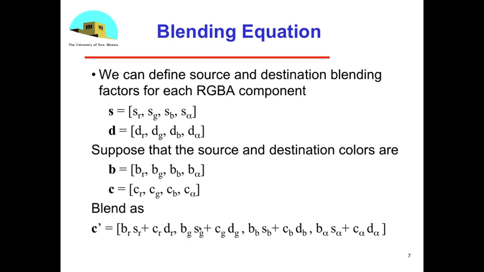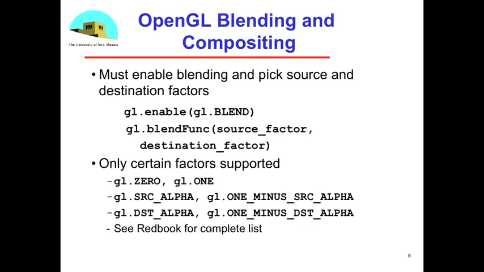Now, how do you actually carry that out? It's pretty straightforward. It's a function that we have to enable, so we're going to enable GL blend, and then we pick the source factor, the RGBA for the source, and the destination factor for the RGBA for the destination that we read.